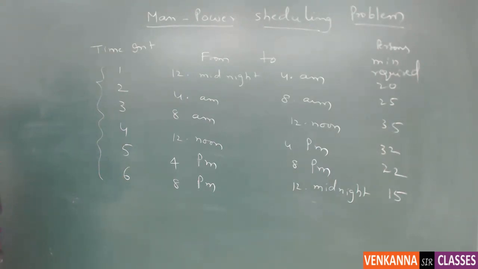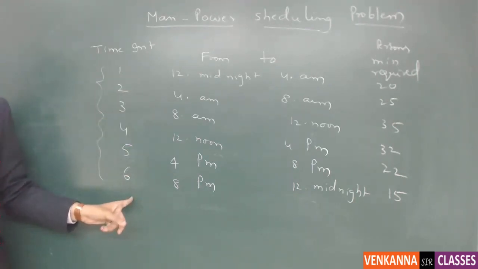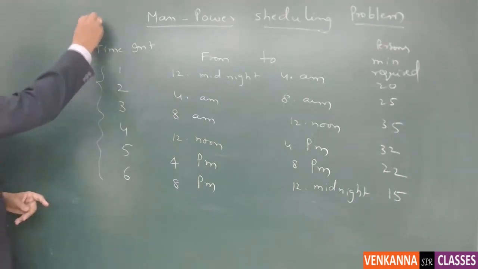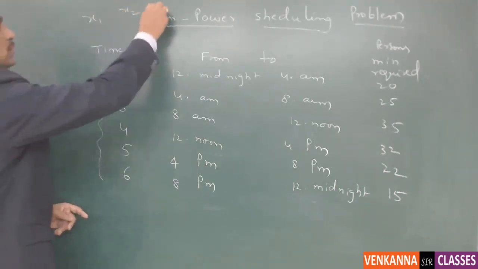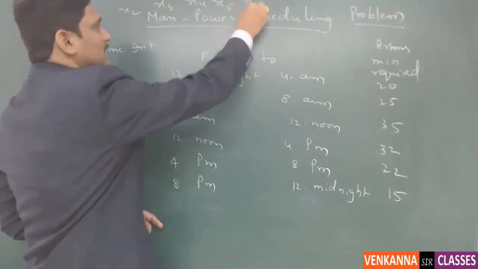Yeah. So can I go with the solution then? How to formulate this mathematically? Since there are 6 time intervals, I will take 6 decision variables: x1, x2, x3, x4, x5, x6.